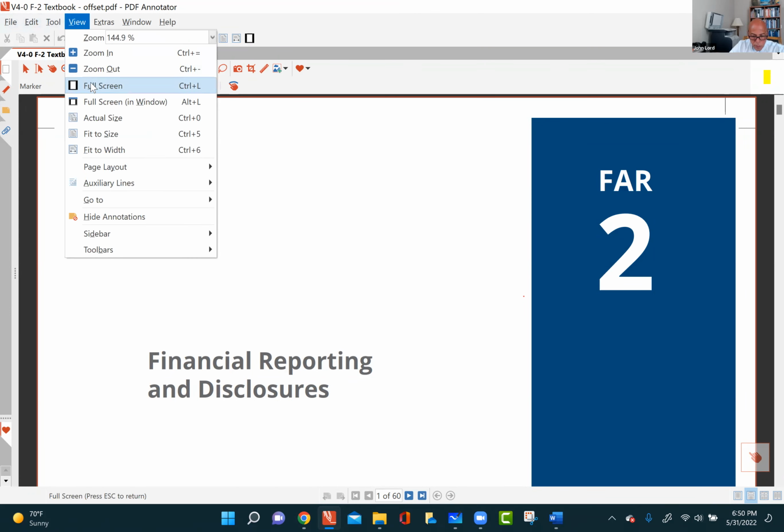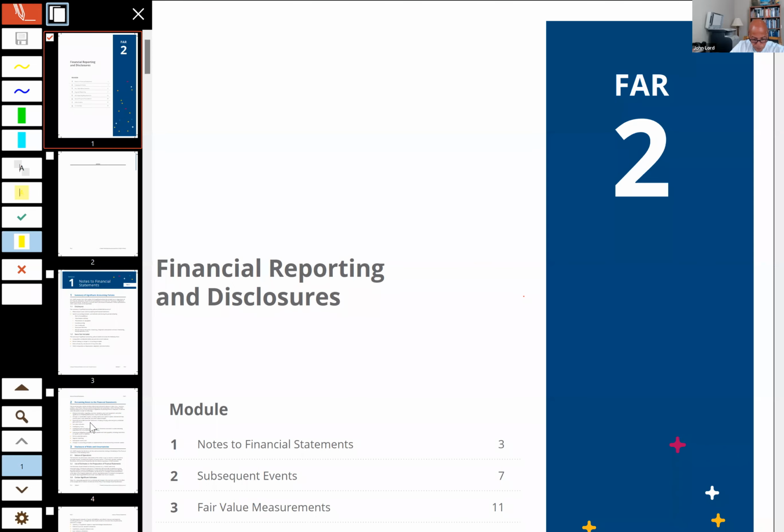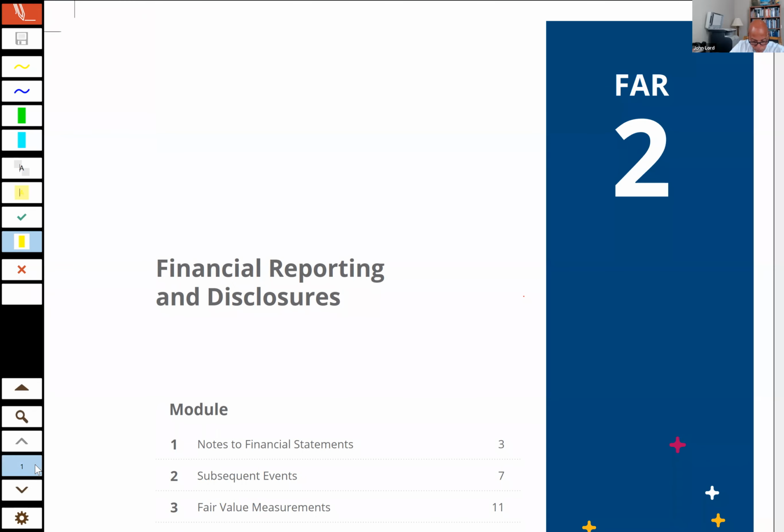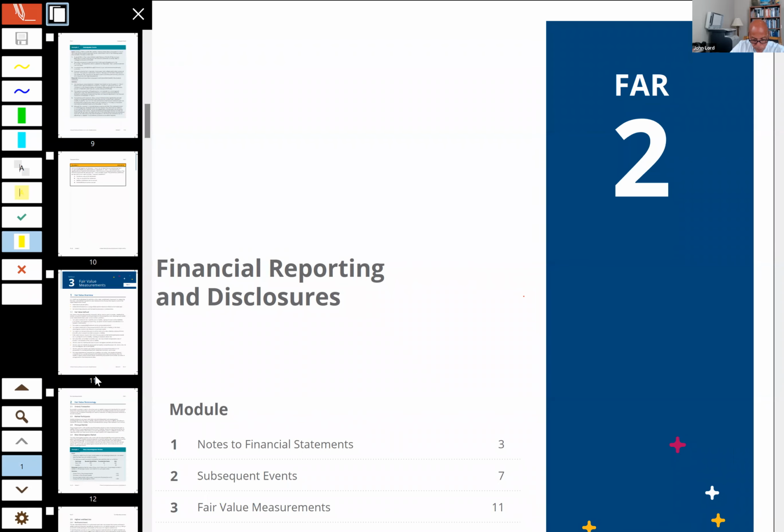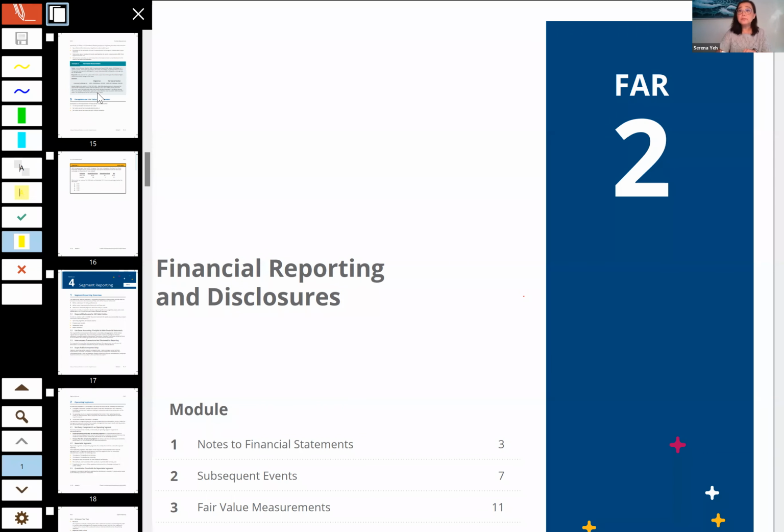We're on page 17. This way. What page are we on? 13. 13.